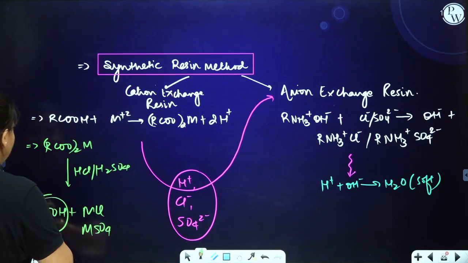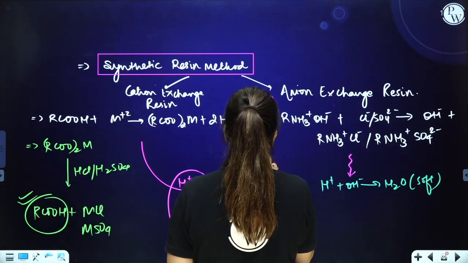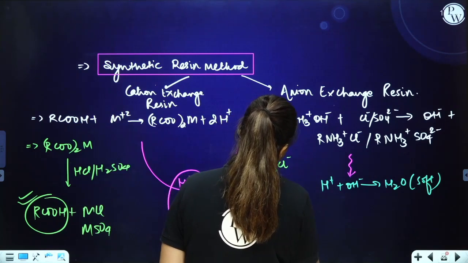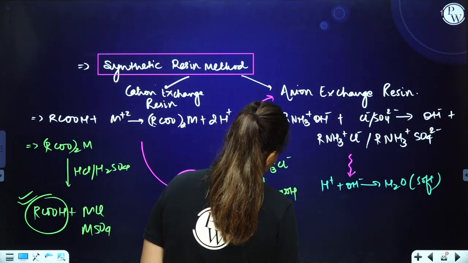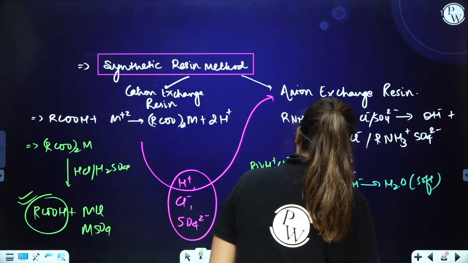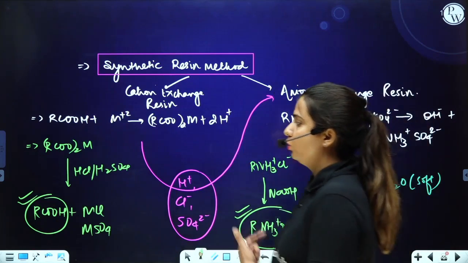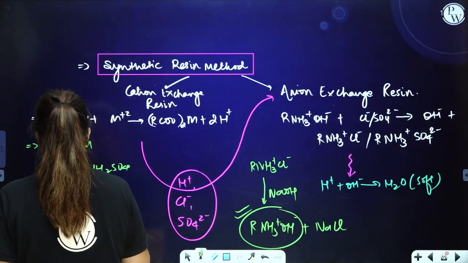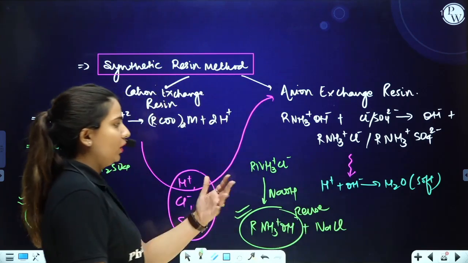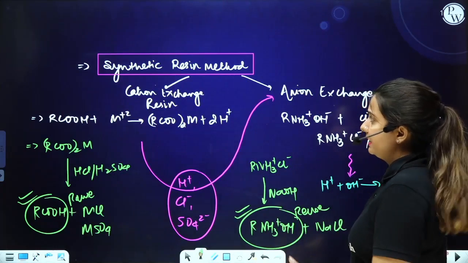So you will be able to use your cation exchange resin again, and even RNH3 positive Cl negative, react this with any base, let's say NaOH, and you are going to get RNH3 positive OH negative, forming your anion exchange resin. So if you are able to produce it again, you can reuse it.